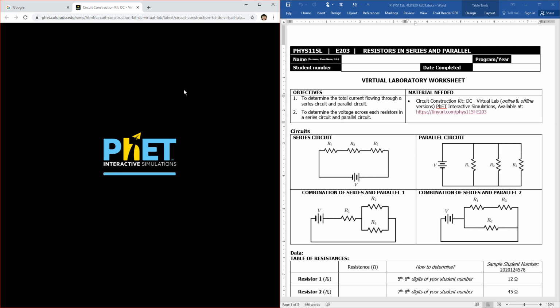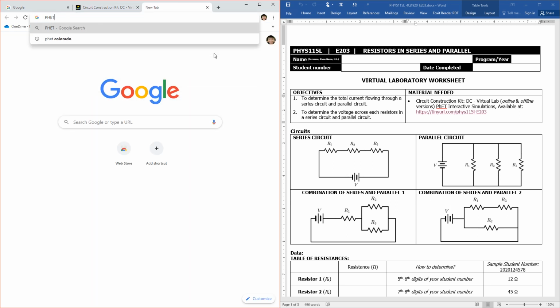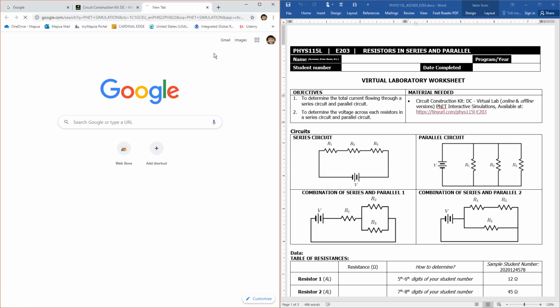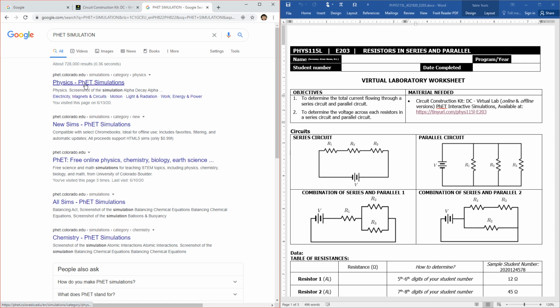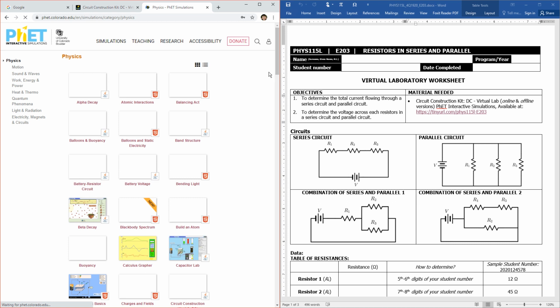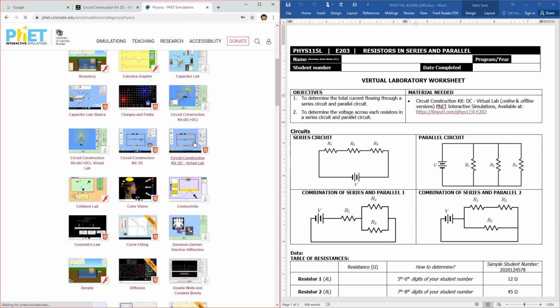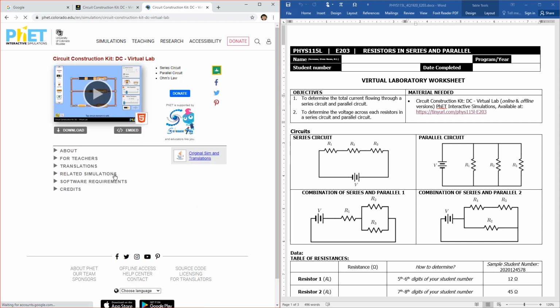However, if you need an offline version, for example, if you have a problem with your internet, you can go to PhET simulations, then go to the circuit construction lab, and then you can just download it here. Okay, so let's do the online version.